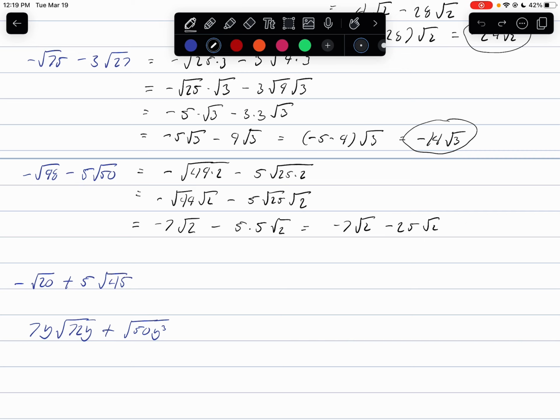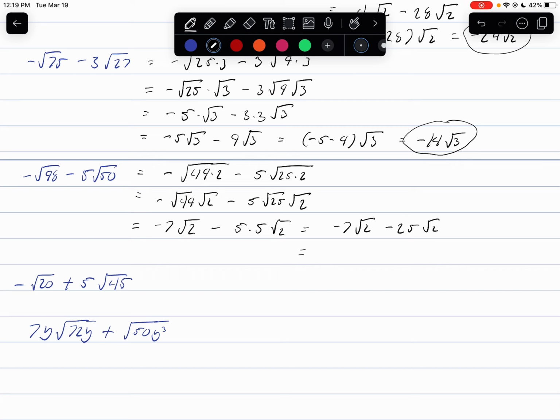After we factor everything out, we'll get negative 7 minus 25 times the square root of 2, which is negative 32 times the square root of 2.